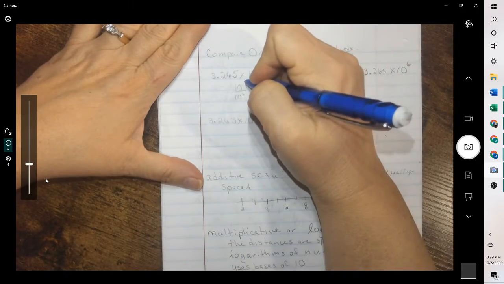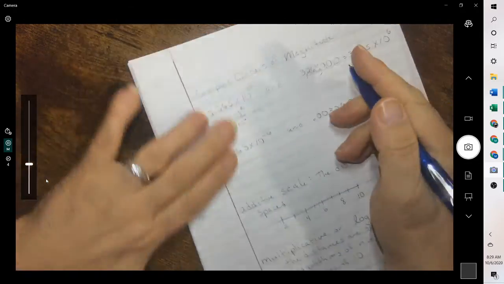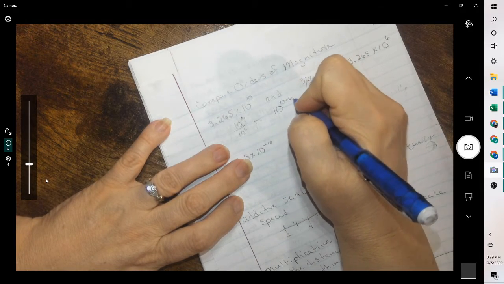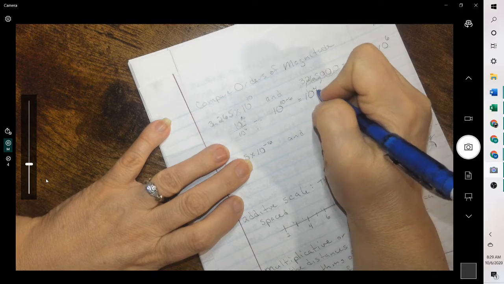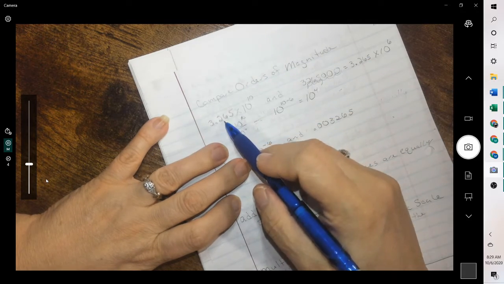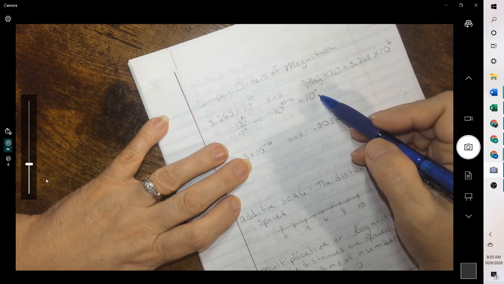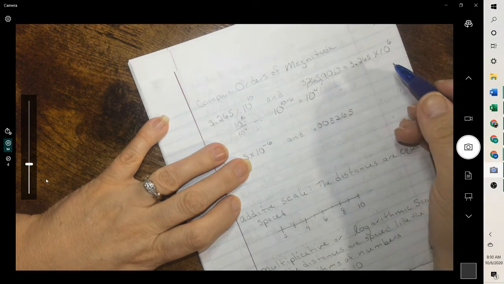Okay, so we have 10 to the 10th. When we subtract them, 10 to the 10 minus 6, or 10 to the 4th. So this first number is 10 to the 4th times larger than this one, or 4 magnitudes larger.